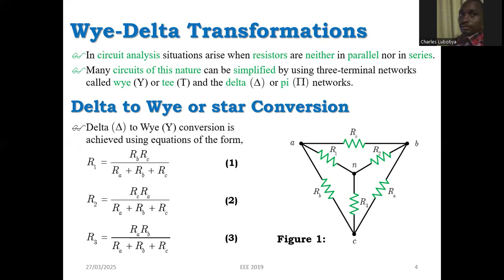Let's begin by looking at delta to star conversion, transformation. In delta to star conversion, this is achieved using 3 equations, equation 1, 2, and 3, as given on this slide. Let's assume here we have a circuit as given in figure 1.